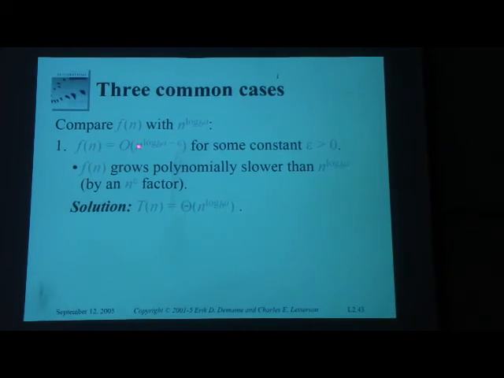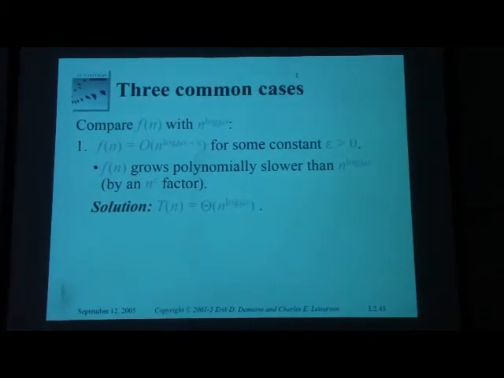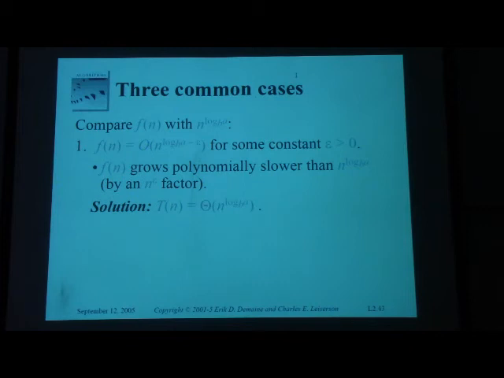Which means that this power of n is actually higher order than f of n. So it's polynomially growing faster. And this one grows polynomially slower, because you can see that they're equal only after I decrease this one, so it must be polynomially slower. Does that make sense? Okay.